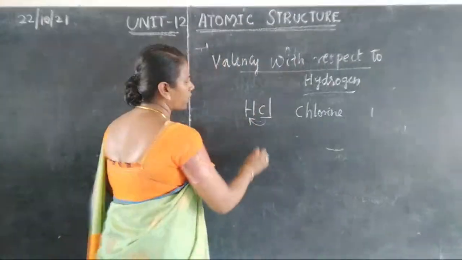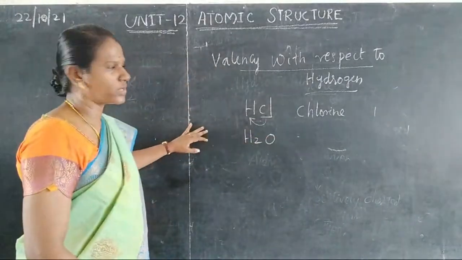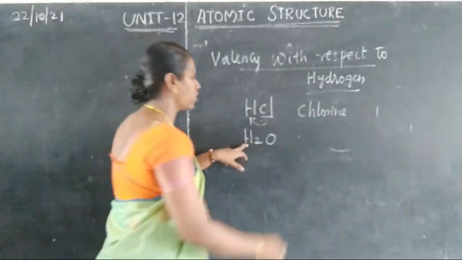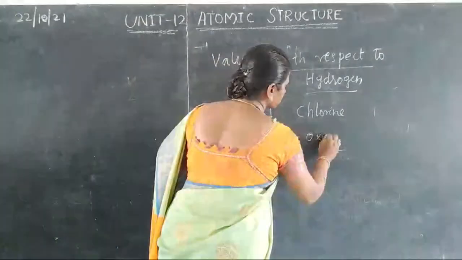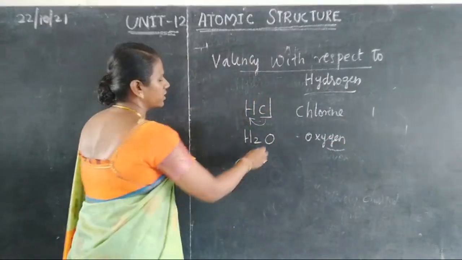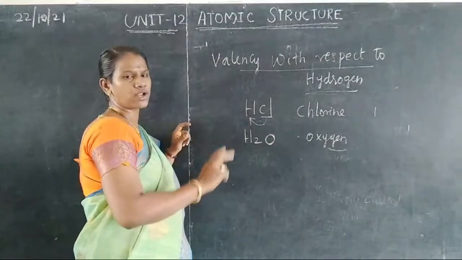Next, the water molecule, H2O. Here the atom attached to the hydrogen is oxygen. How many hydrogens are attached to the oxygen atom? There are 2.